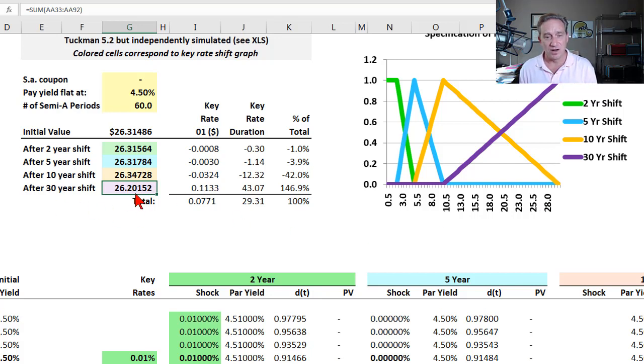And so the 30-year one is maybe the most intuitive, or matches what we would expect. Here's our initial value of $26.315, and then if we shock that term structure per this key rate here, pulling up the 30-year key rate by 1 basis point, and then all of these neighbors going down to 10 years, right?